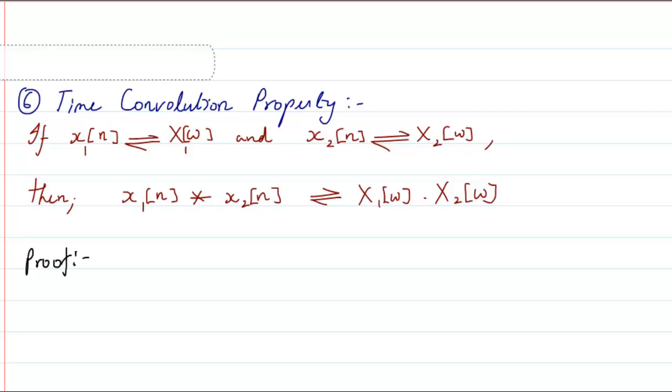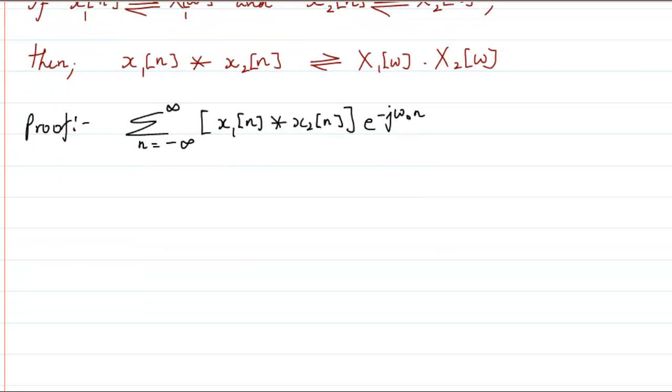Let us prove this. We know that the Fourier transform is basically given by summation n is equal to minus infinity to infinity the function x1 of n convolution with x2 of n e raised to power minus j omega naught n. But what is the equation of convolution? The equation of convolution, I will use a different color for that, can be given by, summation.